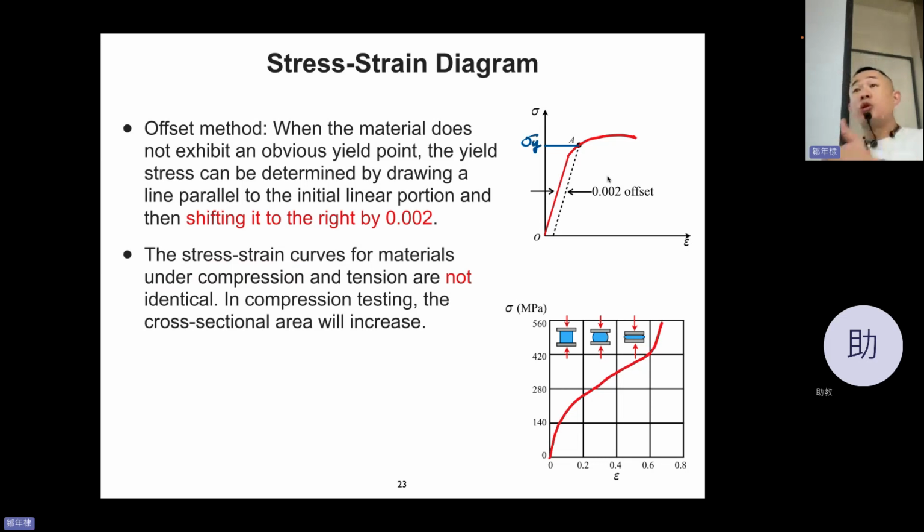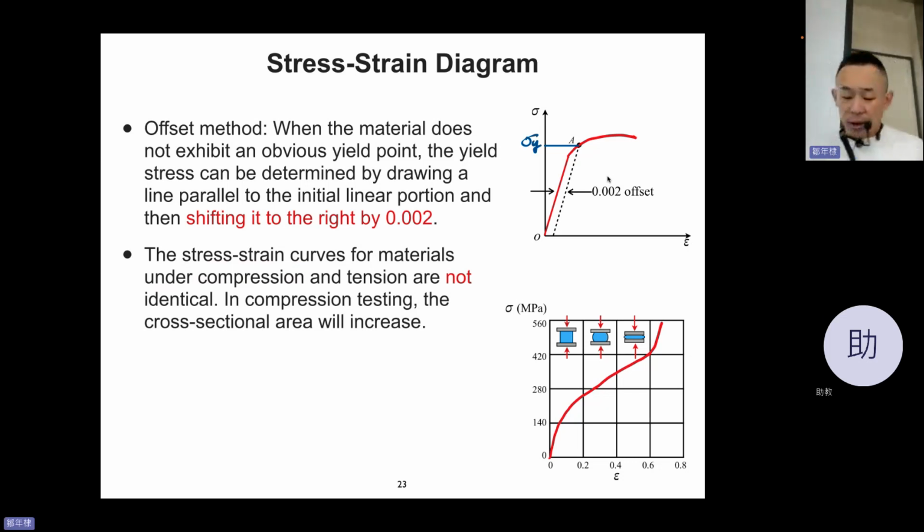It won't look like the previous one with the platform, then necking, then strengthening. That was the tensile case. For compression, it is a different story. And of course we know that after compression, the cross-sectional area will increase. I don't need to explain that, right?